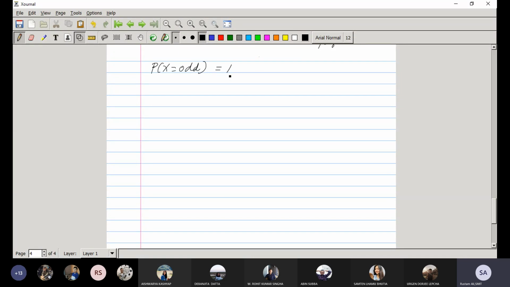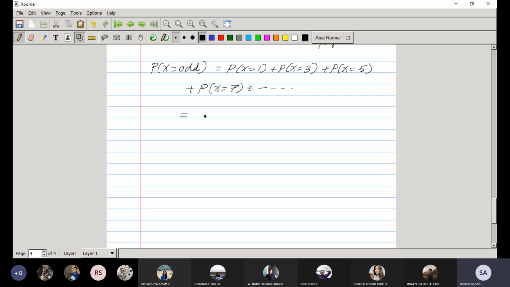So what we'll get is probability x is equal to 1 plus probability x is equal to 3 plus probability x is equal to 5 plus probability x is equal to 7, and so on.